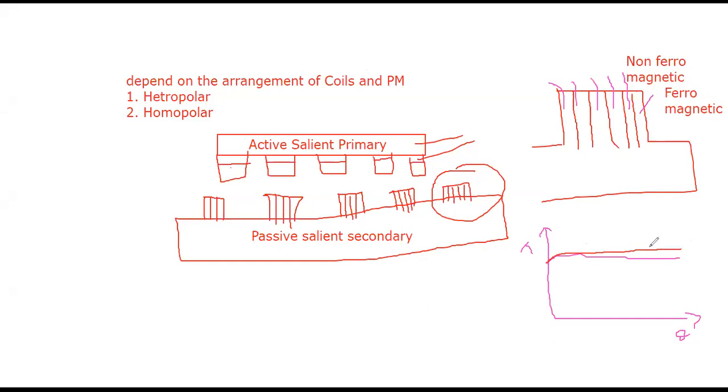But even so, we will have some minimum value of rise and fall, right? That cannot be eliminated. This ripple content cannot be eliminated, but it can be minimized as much as possible, right?